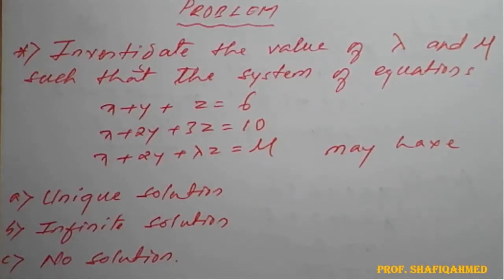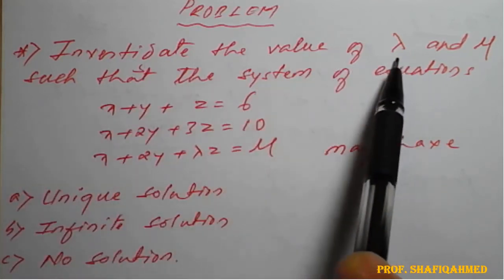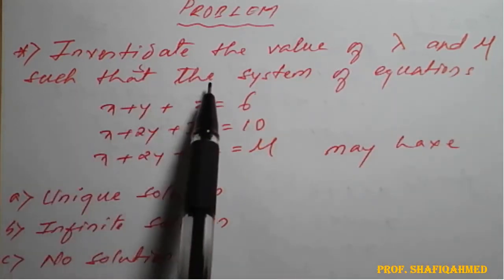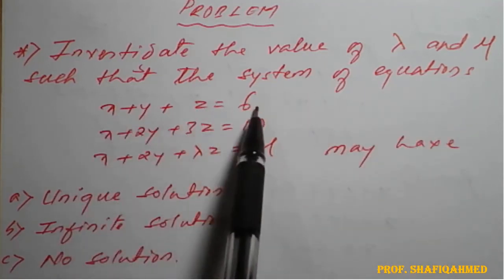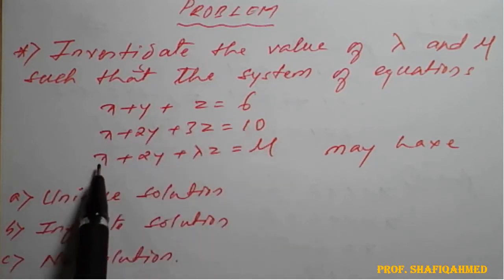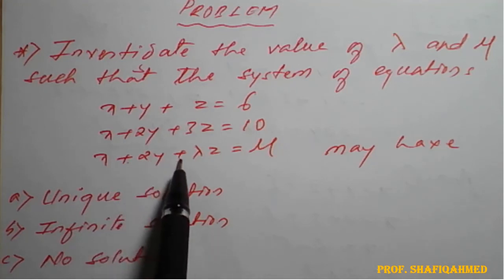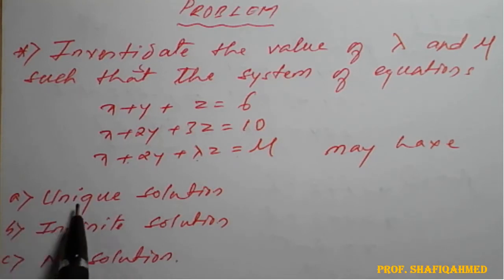Hello students, in today's class we'll see a problem on consistency. The problem is to investigate the values of lambda and mu such that the system of equations x plus y plus z equal to 6, x plus 2y plus 3z equal to 10, x plus 2y plus lambda z equal to mu may have (a) a unique solution, (b) infinite solutions, (c) no solution.